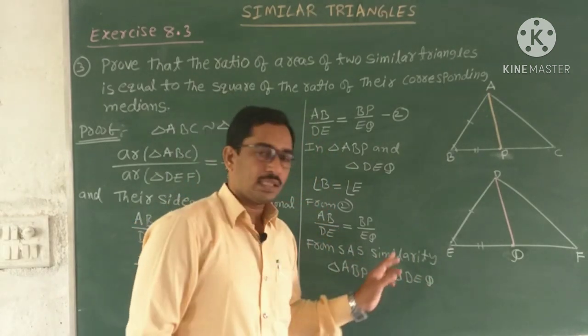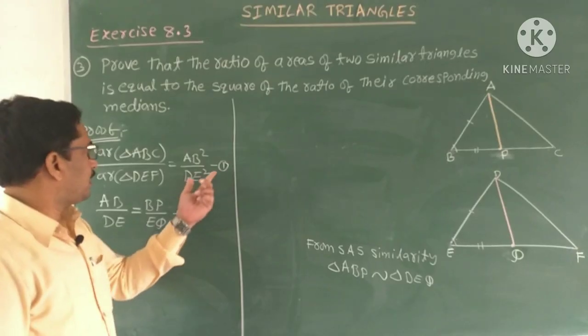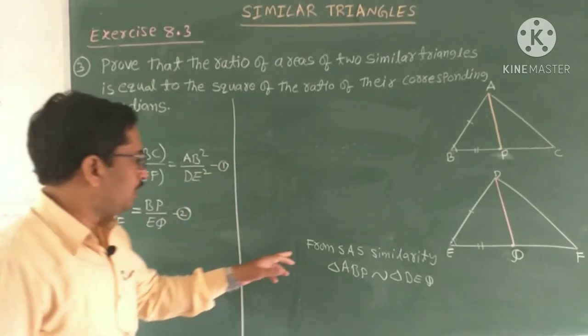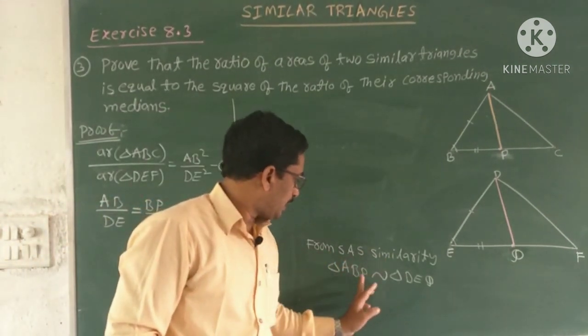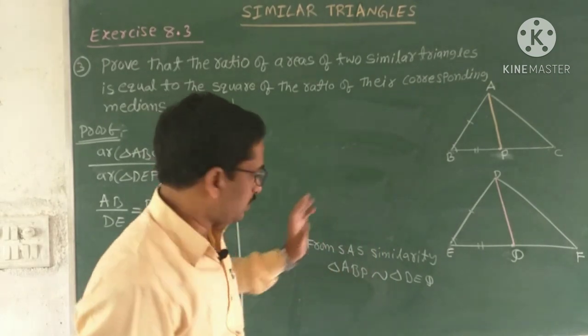If these two triangles are similar, then we can compare their ratios of sides. We already have equation 1 and equation 2. From SAS similarity, triangle ABP is similar to triangle DEQ, then we can compare their ratios of the sides.